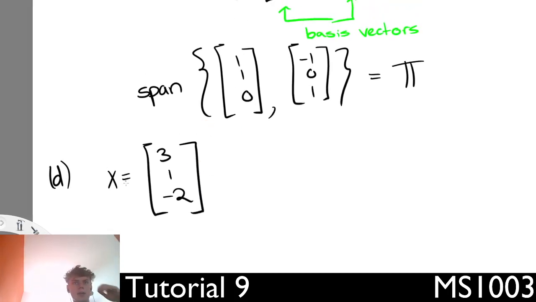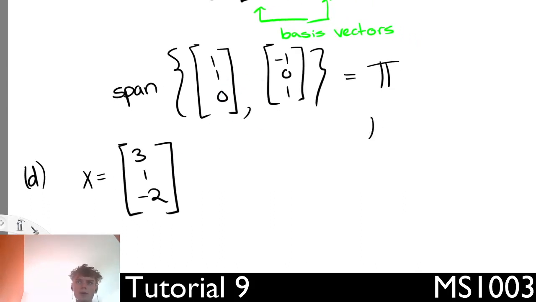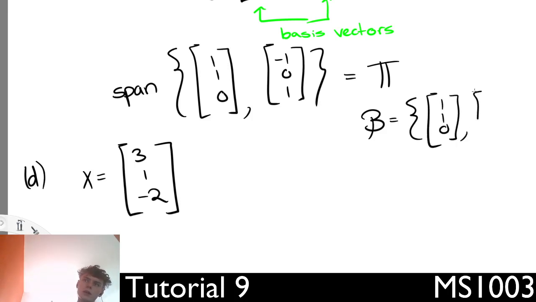And I want to find x in the basis of B. And remember, B, our basis, is just going to be these 2 vectors, 1, 1, 0, and minus 1, 0, 1.